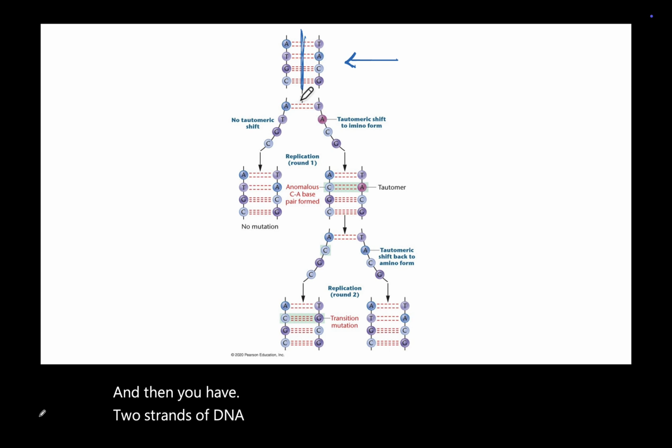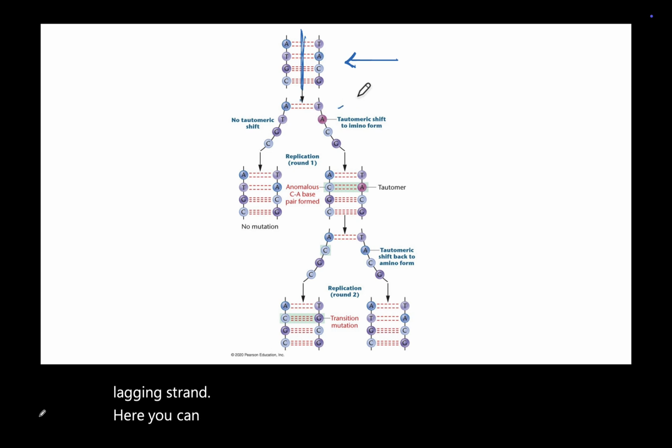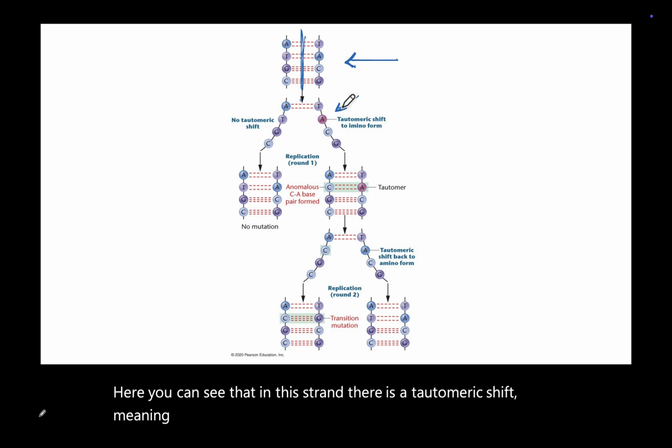One is the template, the other one is the lagging strand. Here you can see that in this strand there is a tautomeric shift, meaning that the adenine that was carrying the amino group now carries the imino form.